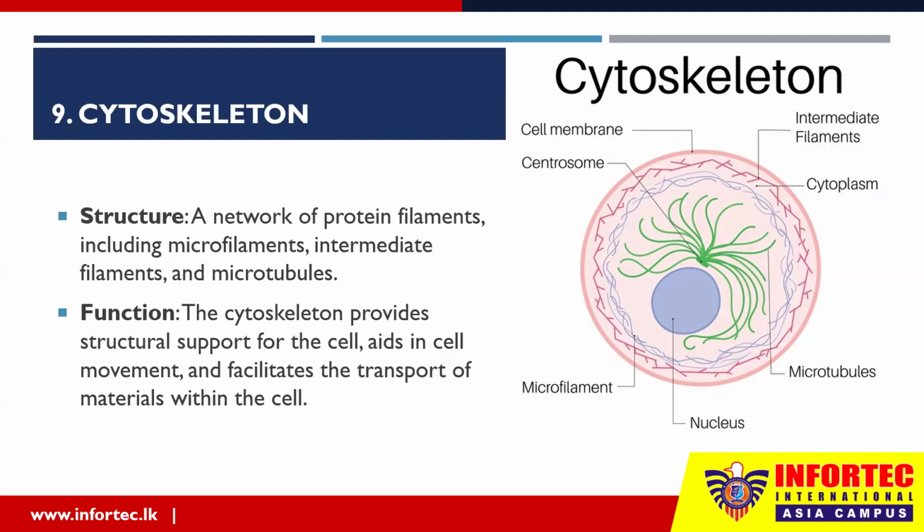Basically, protein filaments, microfilaments, intermediate filaments, and microtubules make up the cytoskeleton. It gives structure to the cell, holds the organelles where they are, and supports the transportation of vesicles here and there. So the cytoskeleton is a supporting structure for the cell.